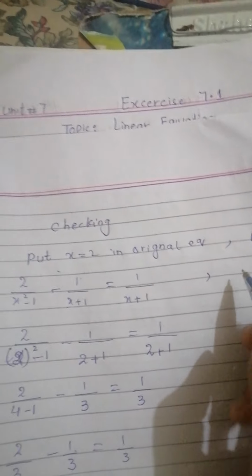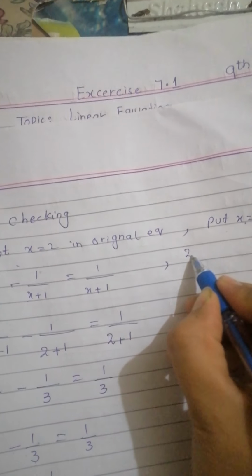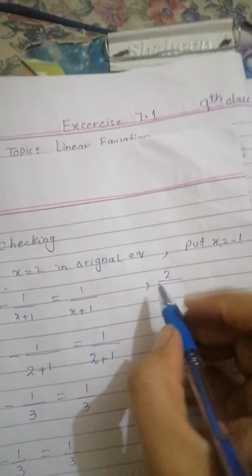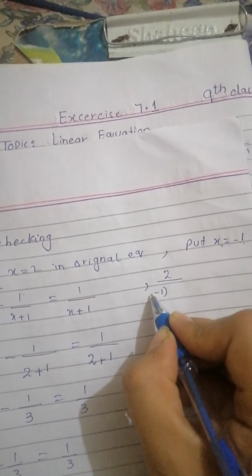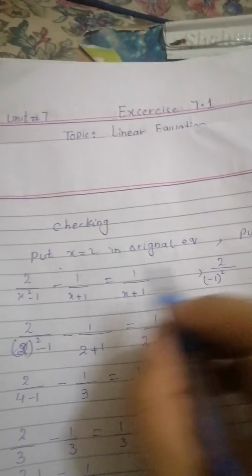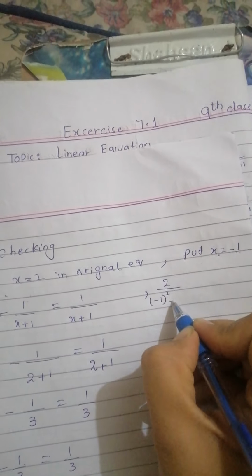And whenever you put the other value, x is equal to minus 1, in your original equation, 2 over x square minus 1: the value of x is minus 1, and minus 1 square means 1, minus 1 gives 0.